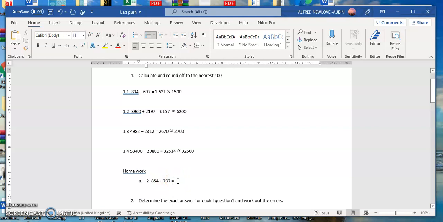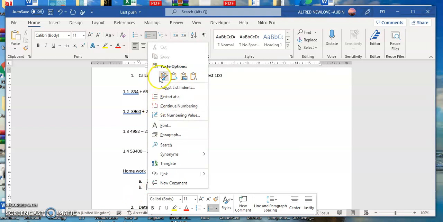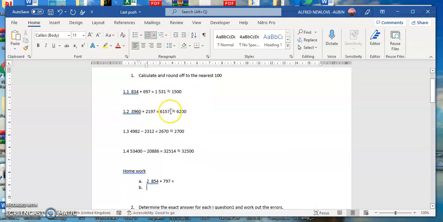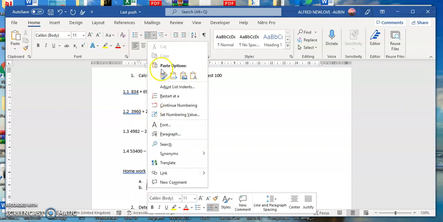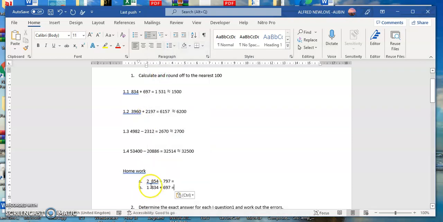Then B, let's have this one. B is going to be this. I'm changing this one to 4 and this one to 8 and this one to 2.